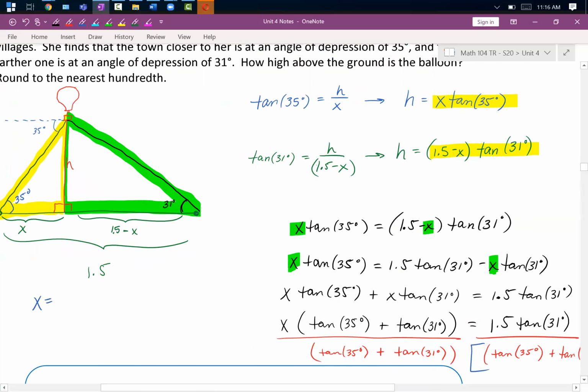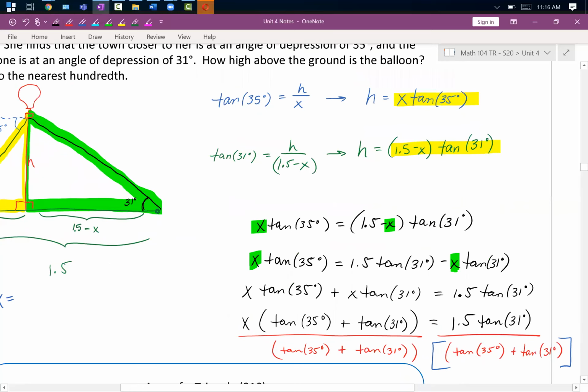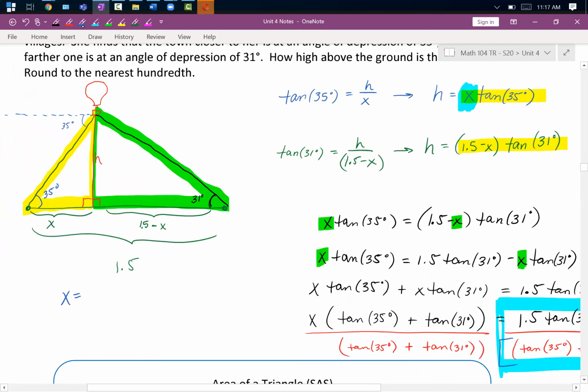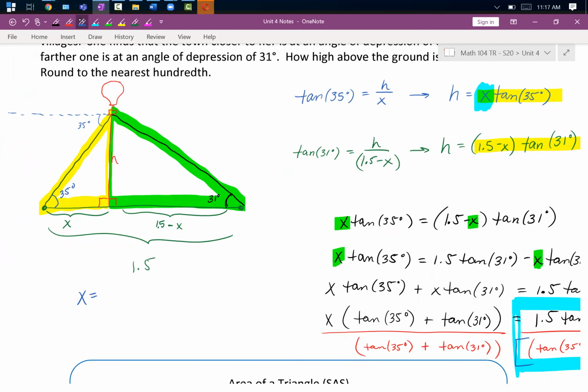Honestly, in an effort of having the most accurate answer, if this thing right here is equal to x, and the way that we're going to find the height is by substituting that in for this, you would keep that crazy fraction I have boxed at the bottom and then multiply it by tangent of 35. That would give us the most accurate answer. If you're really not comfortable with that, you can find the x and then multiply it by the tangent of 35.